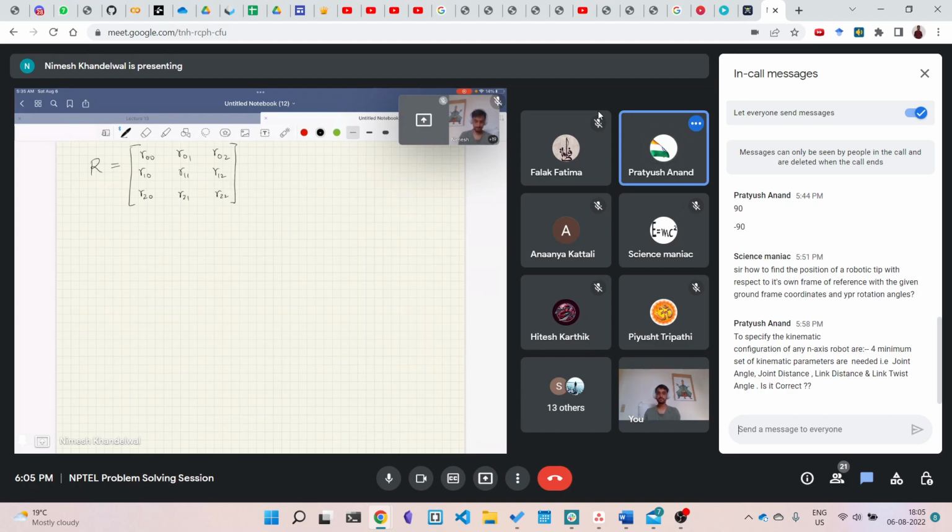Three. You can specify orientation about X, Y, and Z. You can rotate about X, rotate about Y, and rotate about Z to get any orientation.